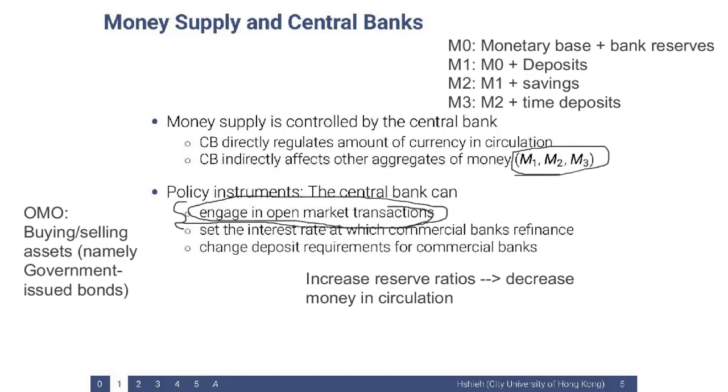M0 is monetary base plus bank reserves. M1 is M0 plus deposits. M2 is M1 plus savings. And M3 is M2 plus time deposits. I won't test you on this, but it gives you an idea what money supply encompasses.